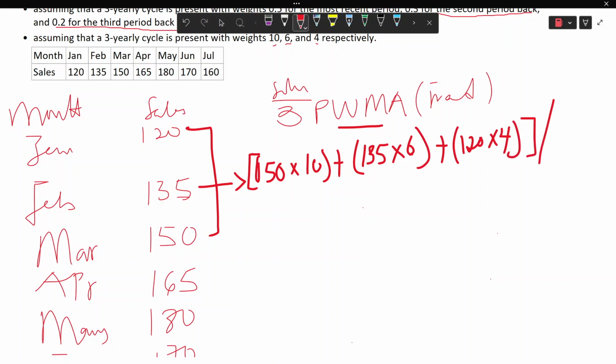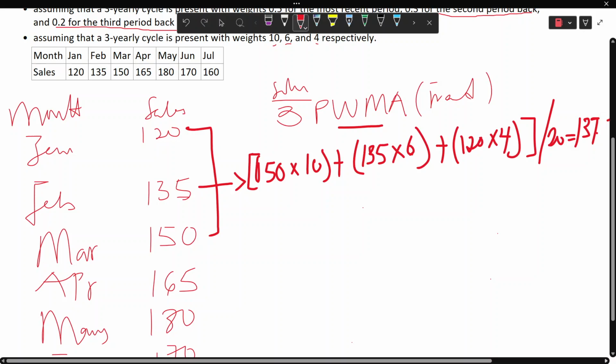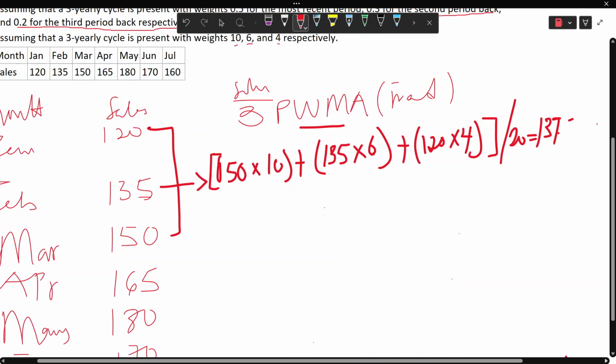When you are done, we divide by the summation of the weight, which is 20. 150 times 10 plus 135 times 6 plus 120 times 4 gives us 2790 divided by 20, which is 139.5. Okay, so now let's move on.